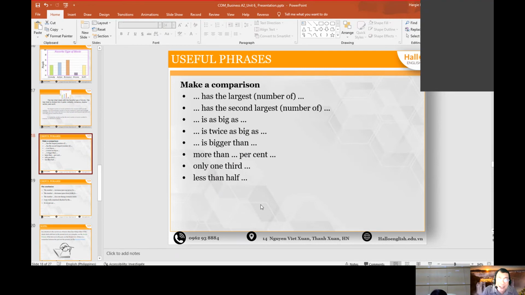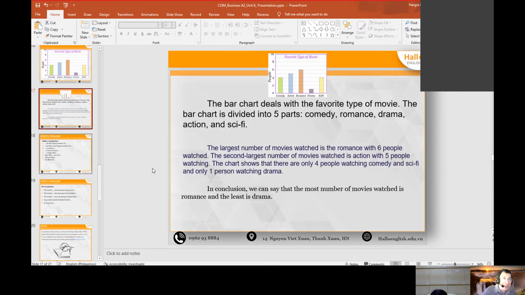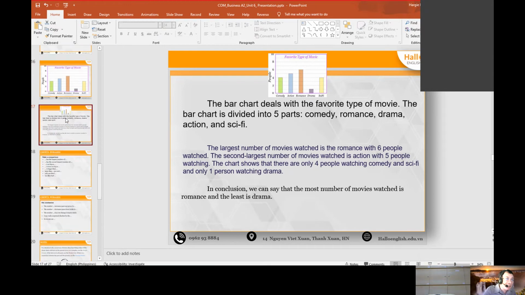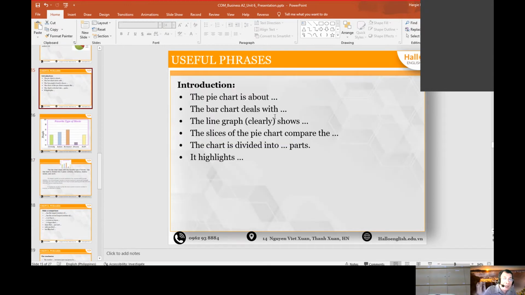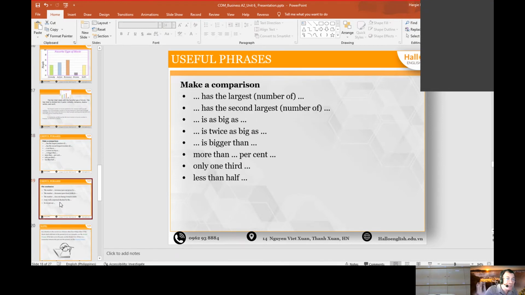So all of these are useful phrases in making your body. And just a while ago, the following phrases are useful phrases in making your introduction. Okay, Toy?